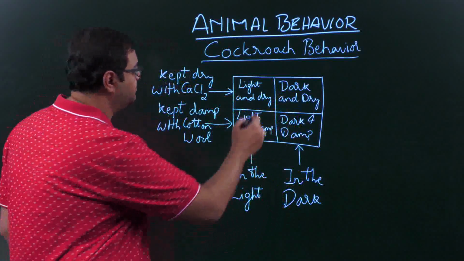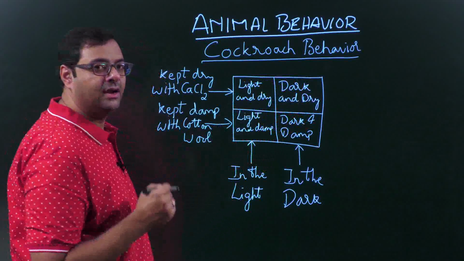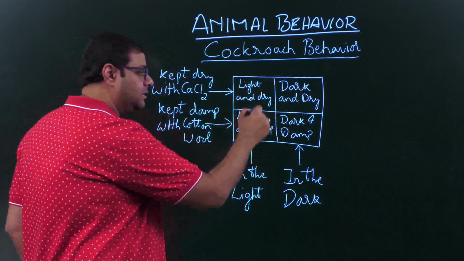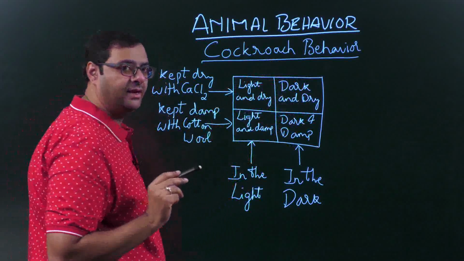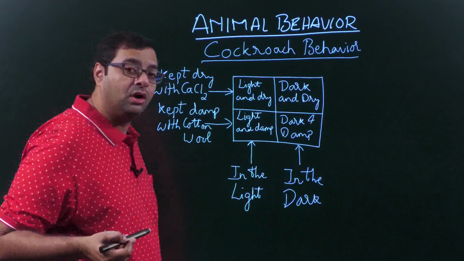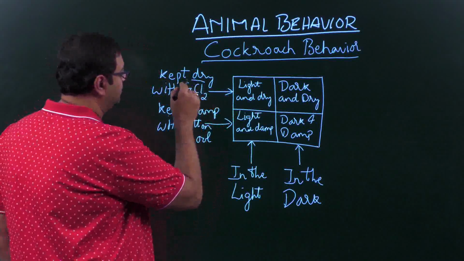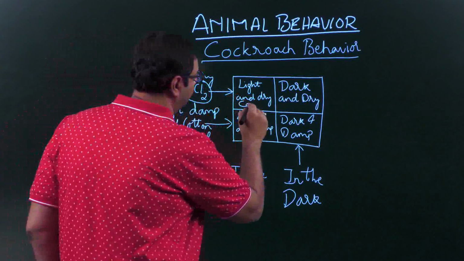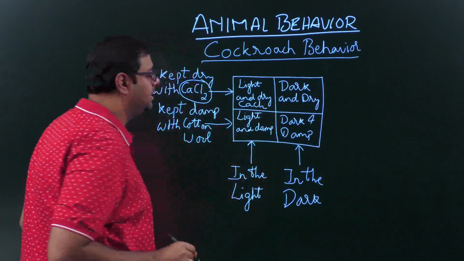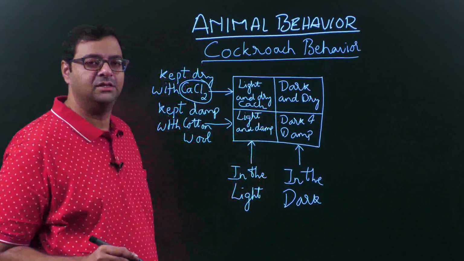So this part was in the light and this part was in the dark. Though they kept the light conditions on one side and dark on the other side, they put one more condition here: they added calcium chloride, that is CaCl2, in one of the chambers.